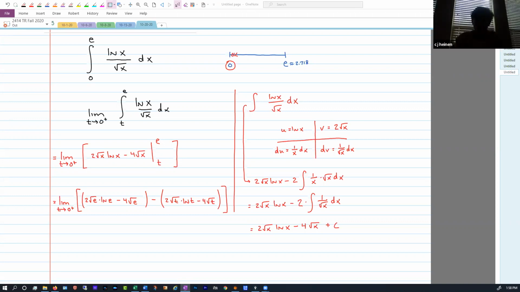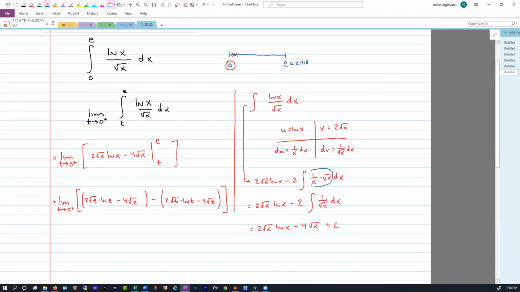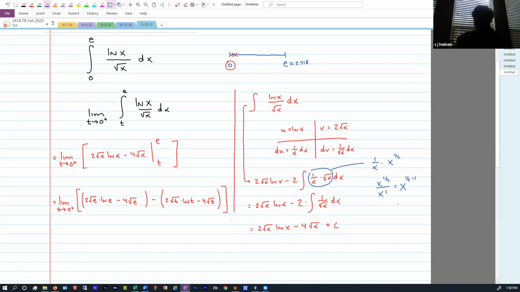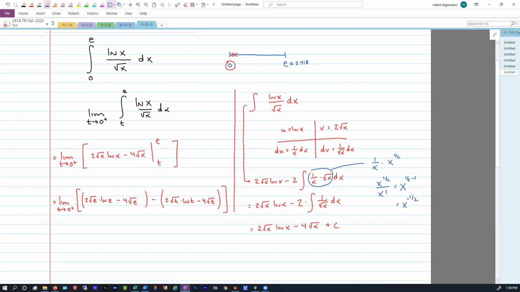How did you get the integration by parts? You got the 1 over x times square root of x, and you got the 1 over square root of x? Oh yeah, okay, so that is the same as 1 over x times x to the half, which you could look at as x to the half over x to the 1, which is x to the half minus 1, x to the negative half. There's a lot of different ways you could get to that.